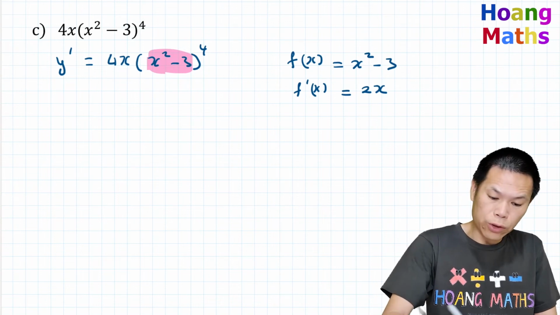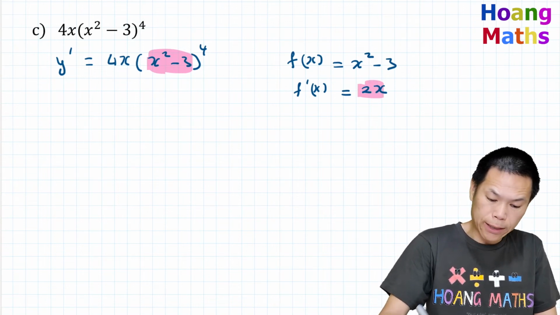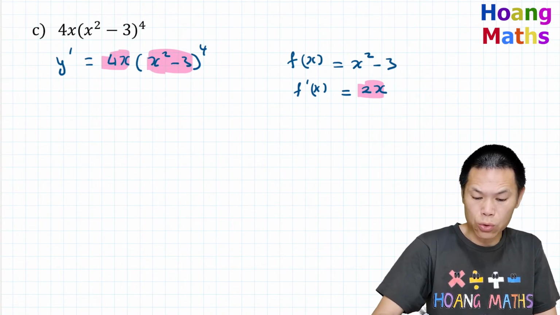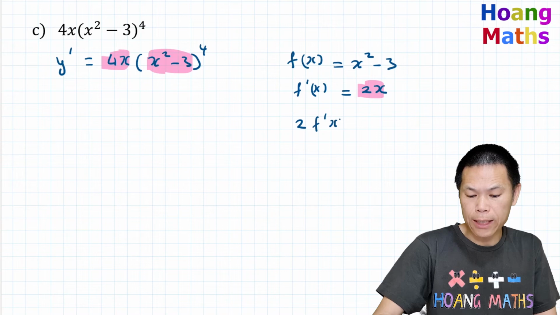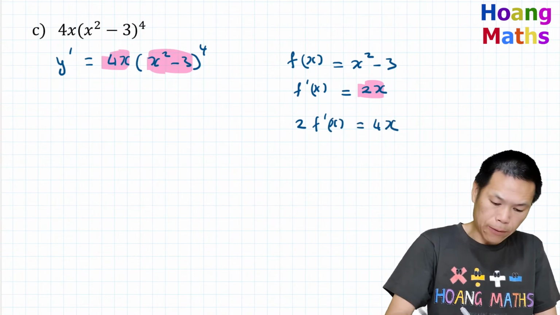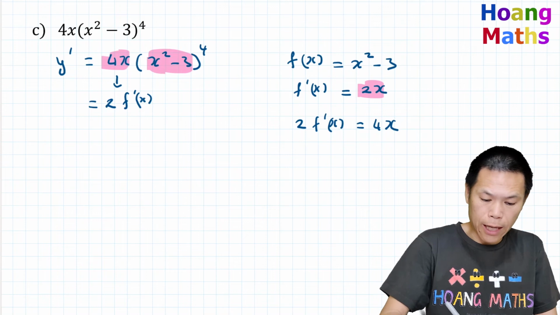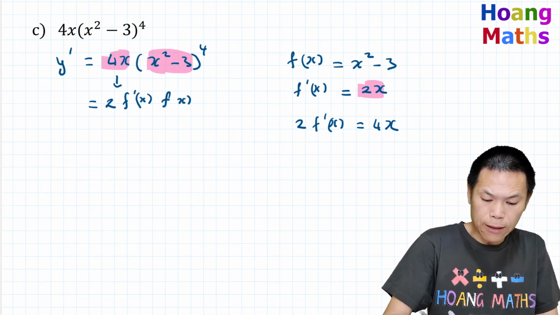So then if you double the f dash x, it will give me this. So what I do, I times 2. So that means 2 lots of f dash x is equal to 4x. So this means that this is equal to 2 lots of f dash x. Correct? And then that is f of x to the power of 4.